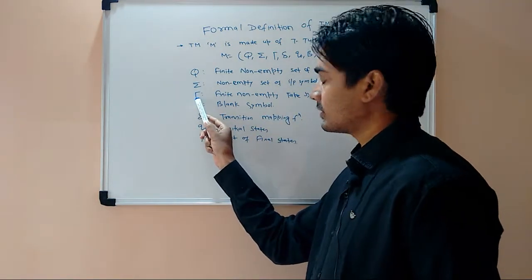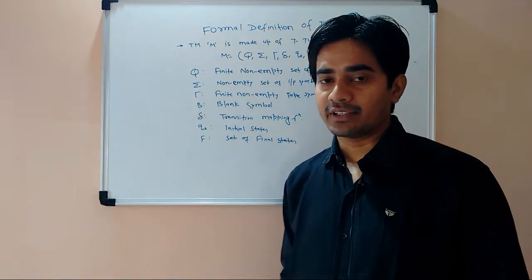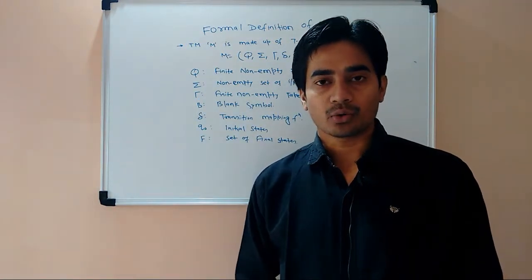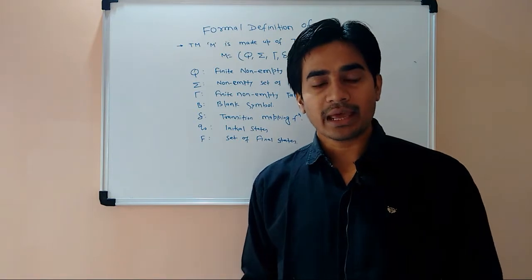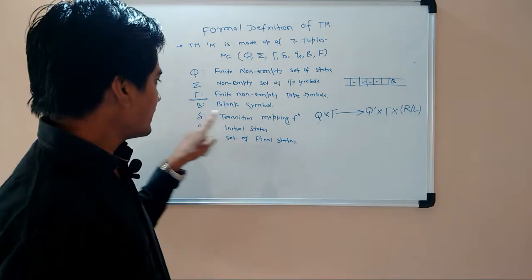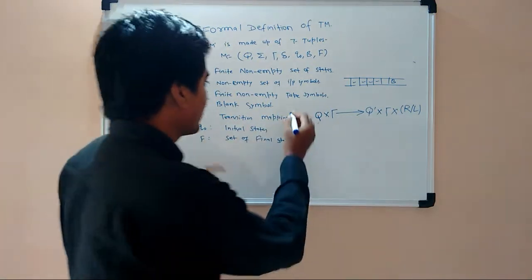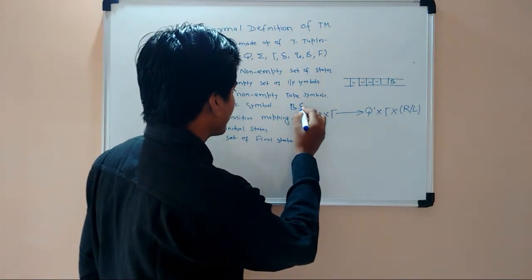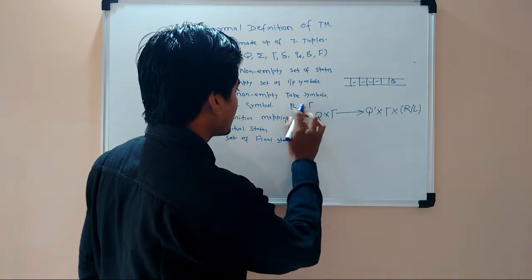Here is the new symbol, tau. As we discussed in pushdown automata, tau represented the stack symbols; here these are tape symbols. B is the blank symbol, which is an element of tau.